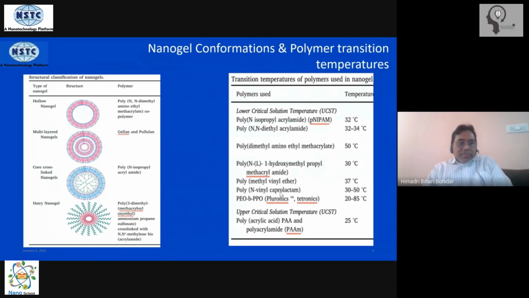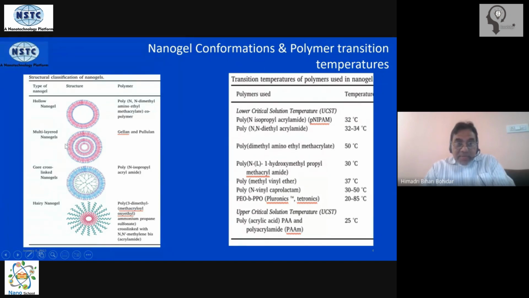Okay, so these are various types of templates that one can create using these surfactants. I do not want to go deeper into the subject because that's a domain in its own right. We can have a completely hollow structure where we can put a nanogel.